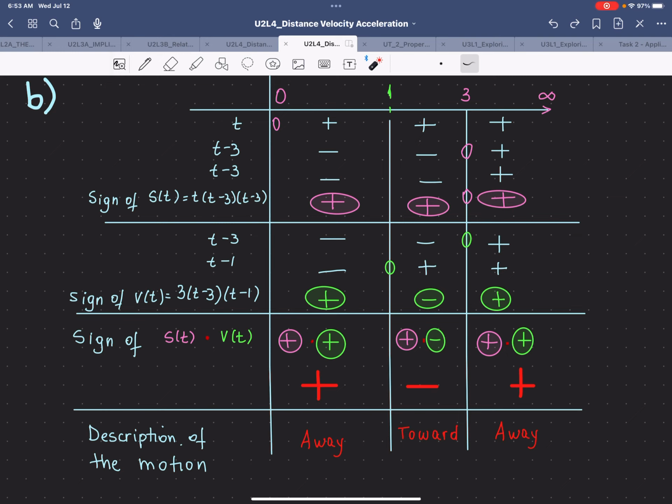So we're going to say that away from the point of reference is in the time interval between 0 and 1, and 3 to infinity seconds, and towards between 1 and 3 seconds.